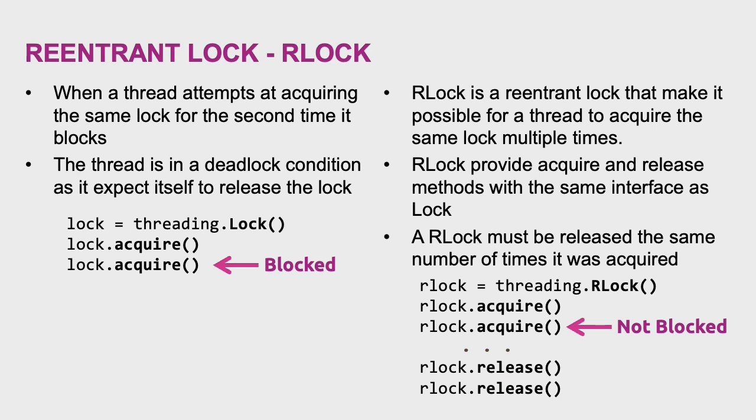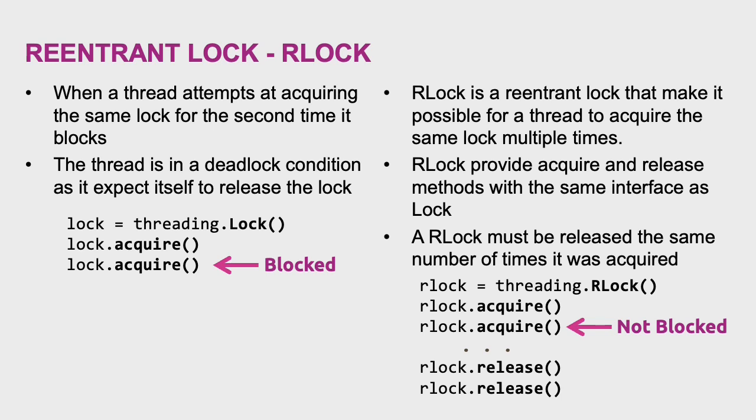If you look at the code on the right hand side of the slide, you see that you can define the rlock with the RLock class, which is implemented in the threading module. You can acquire the rlock 1, 2, 3, n times, as many times as you want, and you don't get stuck. And you have to release the lock the same number of times it was acquired.